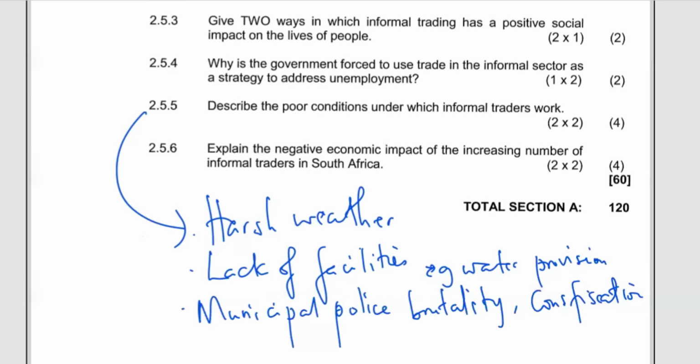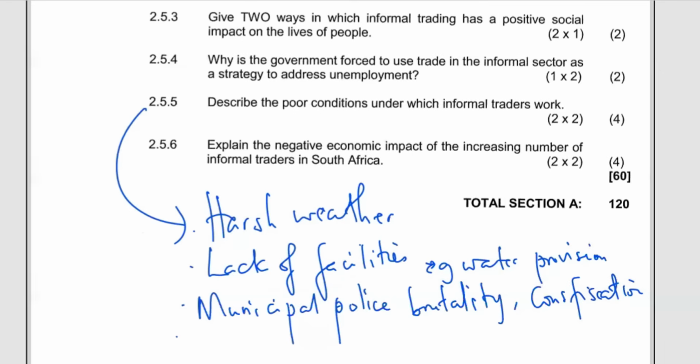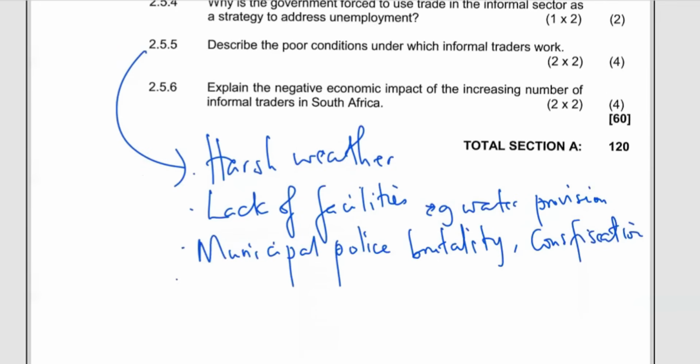Sometimes the municipal police confiscate the wares of the informal traders, which is a harsh condition of operation as they work. Right, those are some of the conditions. They are not limited to that. You can come up with other harsh conditions in the way in which the informal traders operate.